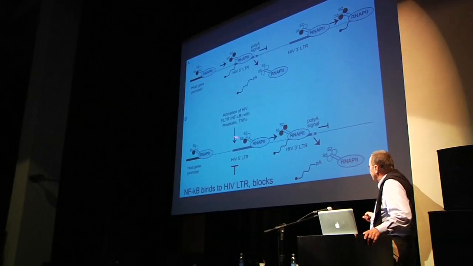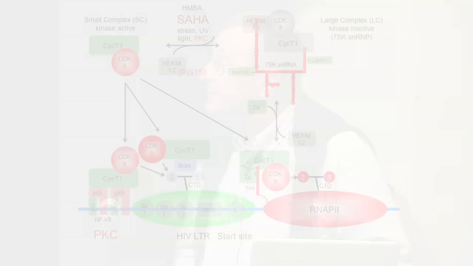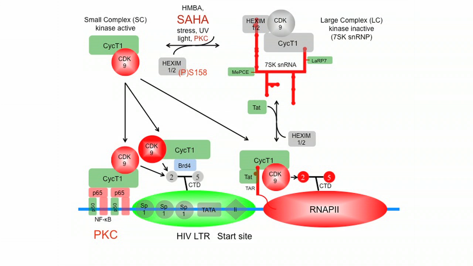Importantly, if you do activate NF-kappa B here, you will not go to global T-cell activation because of what SAHA will do to the P-TEFb cycle and inactivate P-TEFb through HEXIM and 7SK snRNP. So just to summarize this, and this is very important, I think, in terms of contemplating how one should go about devising a drug strategy to get rid of the virus.